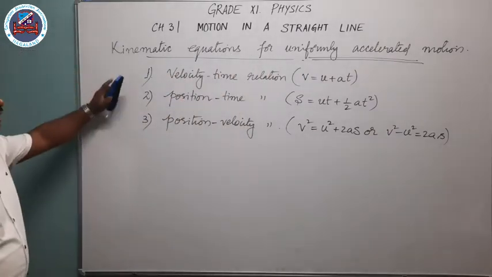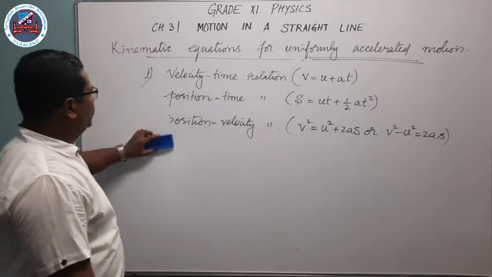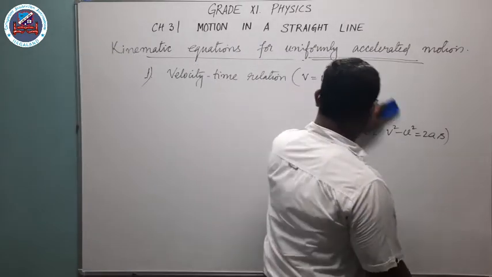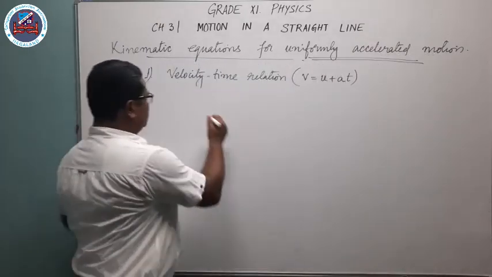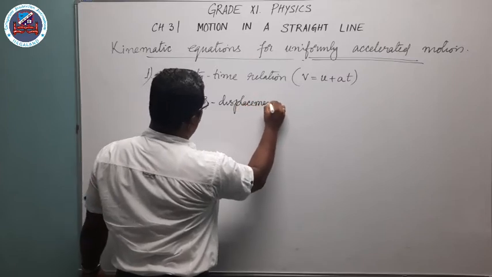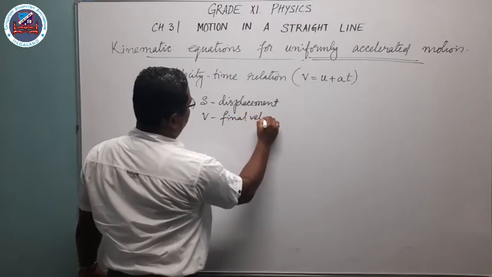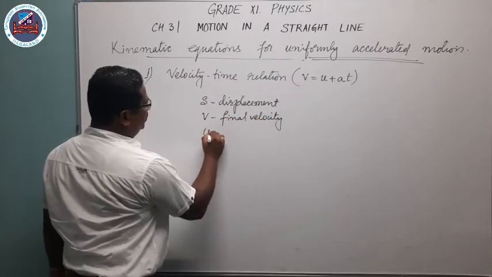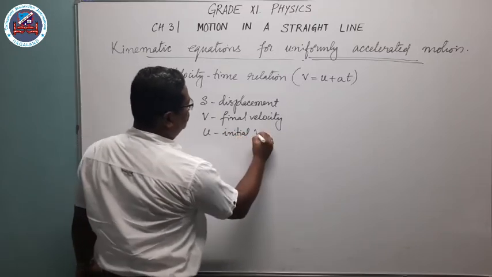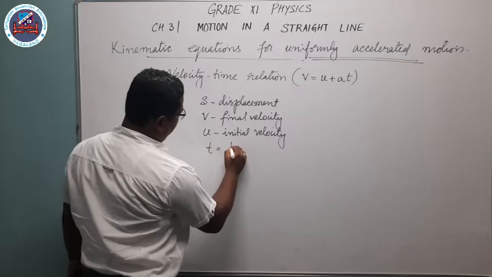Now let us see one by one how we can derive these relations. Let us see the first one, the velocity time relation. Here the letters will have to be very familiar. S indicates displacement, V is your final velocity, U is your initial velocity, T indicates time, final time.